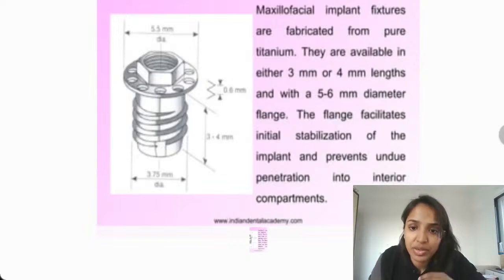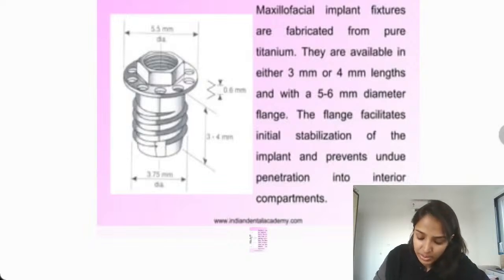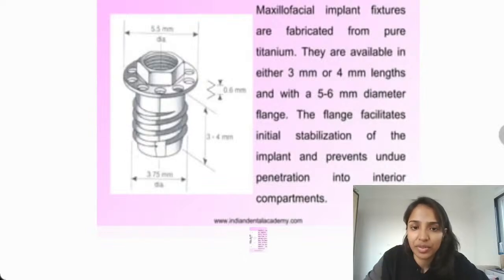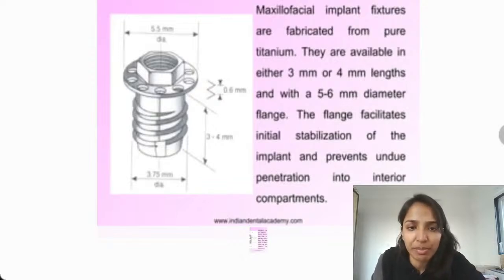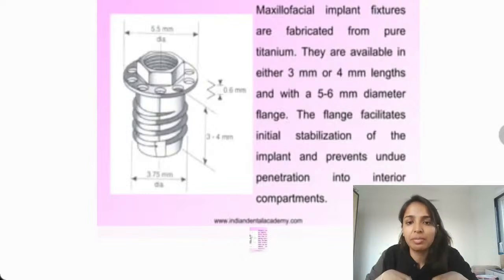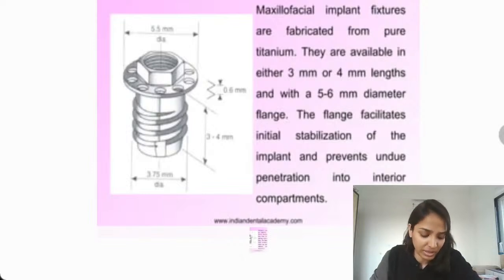So if you can visualize this peripheral flange that is surrounding the hex of your implant, that is a peripheral flange of 5 to 6 millimeters that is kept in your maxillofacial implants. The reason is that it helps in the initial stability of the implant and it prevents further penetration or seating of the implant into different compartments that may be there underneath.